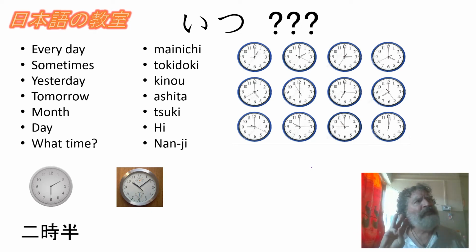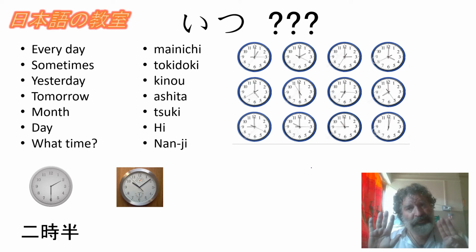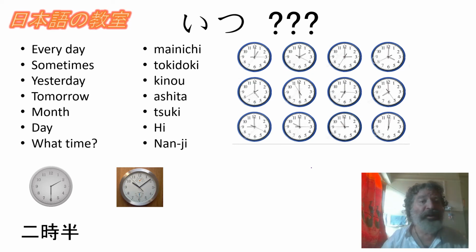I think it's 3分. Could be 3分, but I guess I don't say it very often, do I? 2時3分. 4分, 5分, 6分, 7分, 8分. So some of these words turn into 分.